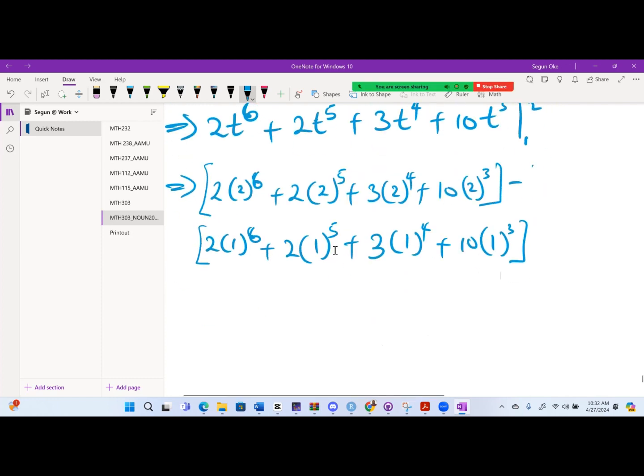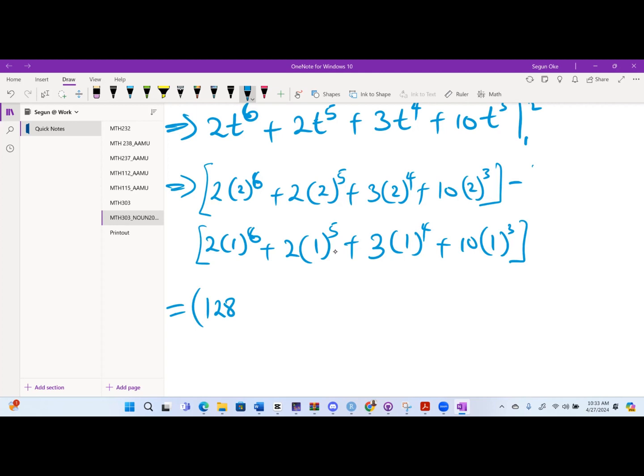So what do you have at the end of the day? 2 raised to the power 6 is what? 64. Times 2, or you multiply it by 2 already. 128. Please confirm it. 1, 2, 8. 2 raised to the power 5 is what? 32.